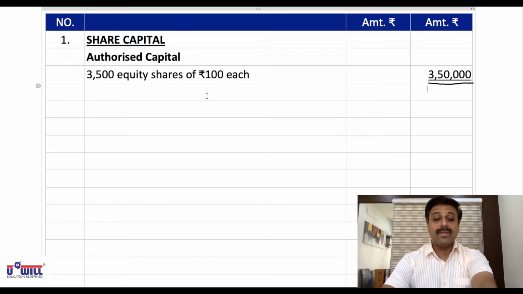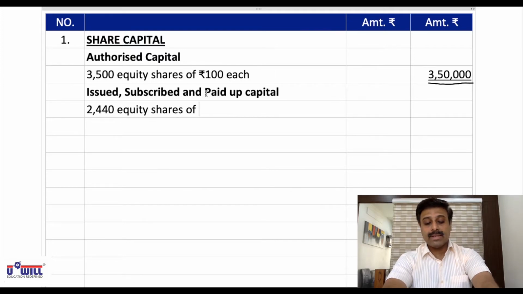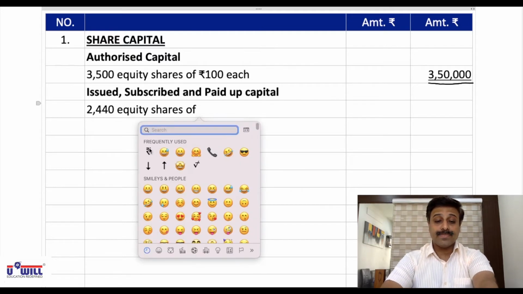Thereafter we'll have issued, subscribed and paid up capital. In that we will write from the trial balance 2,440 equity shares of rupees 100 each.